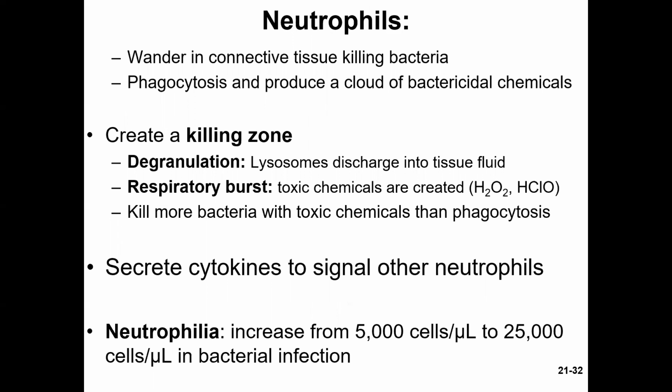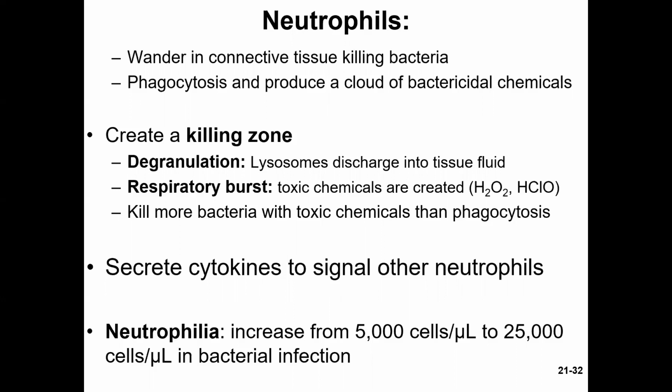Neutrophils wander in connective tissue killing bacteria. They use phagocytosis and produce a cloud of bactericide chemicals. They create a killing zone. They do what's called degranulation. Their lysosomes discharge into the tissue fluid. It's a respiratory burst.